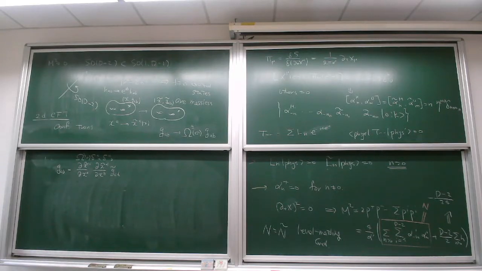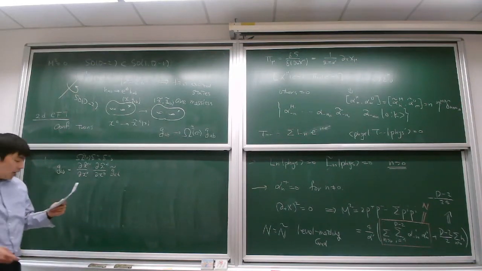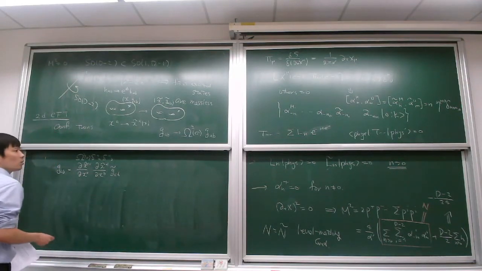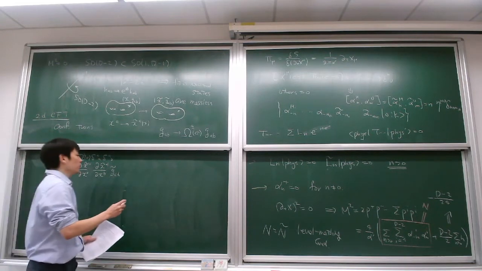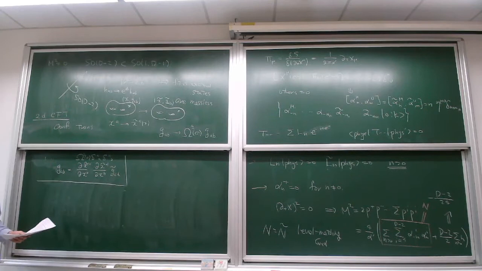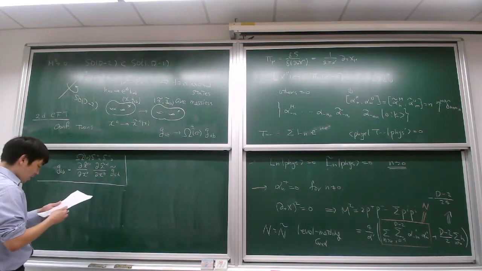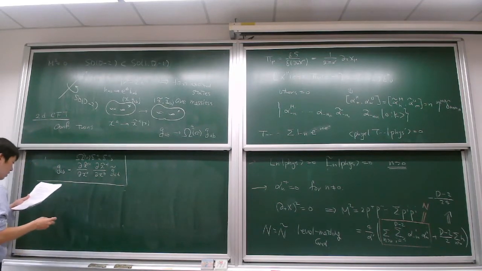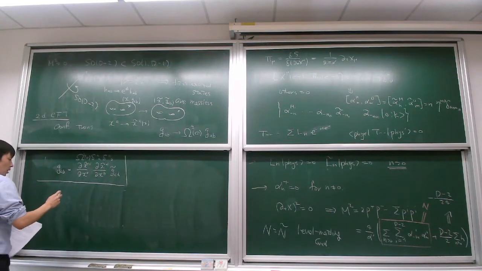Okay, so let me move on. You can consider general conformal transformations in general dimension, but in this lecture we just focus on two dimensions. So we go from Minkowski signature to Euclidean signature, and then to complex coordinates.